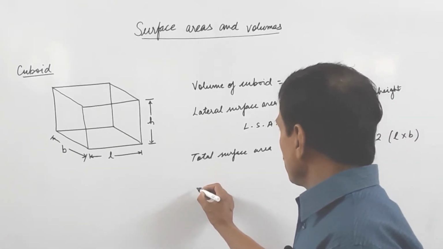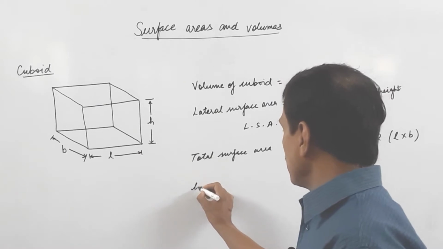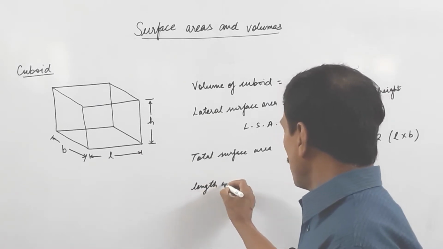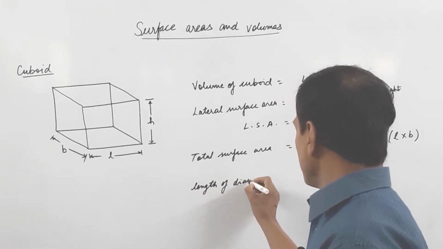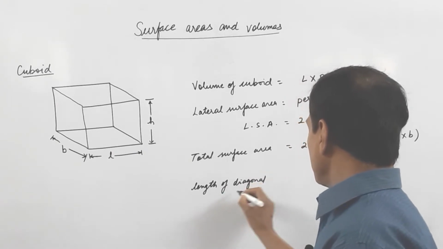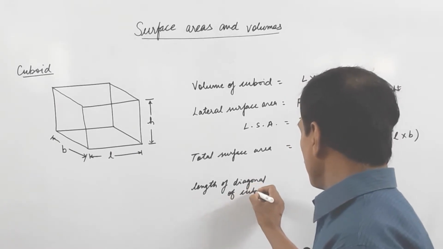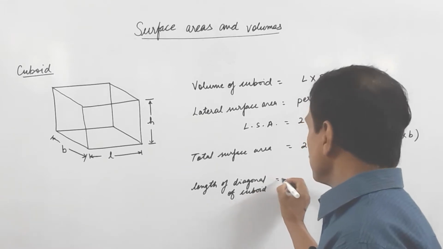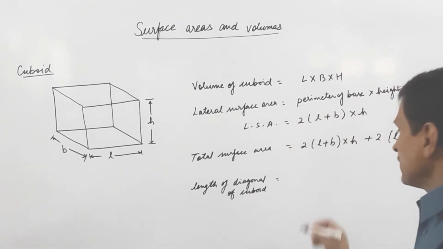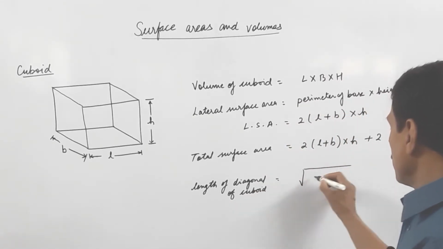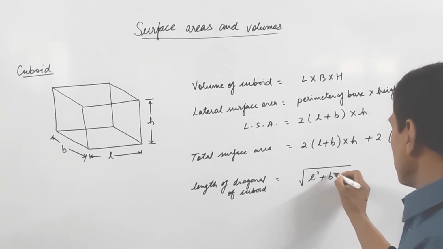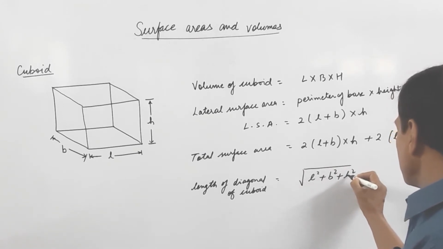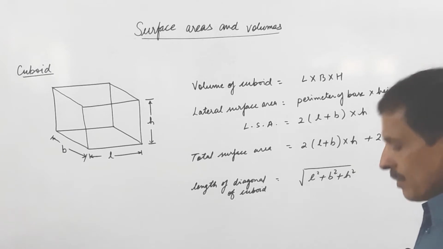Diagonal of the cuboid, or length of diagonal of cuboid, is root L square plus B square plus H square.